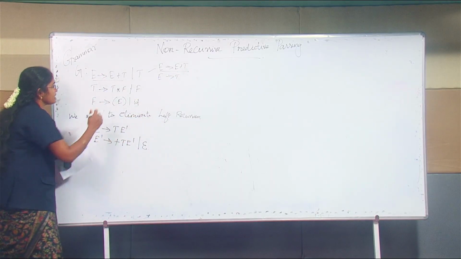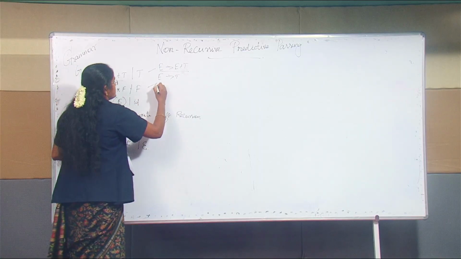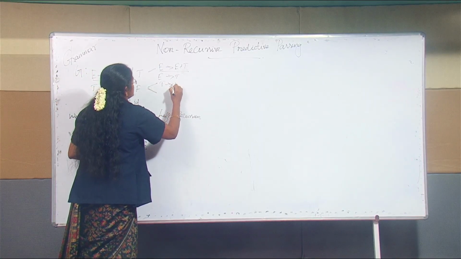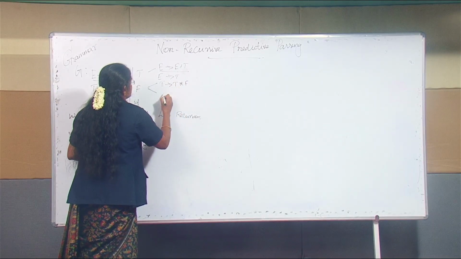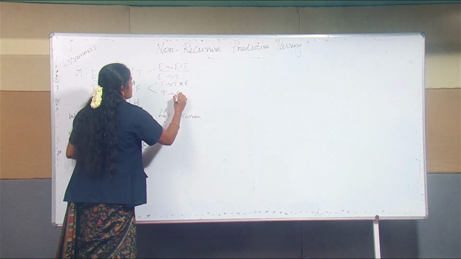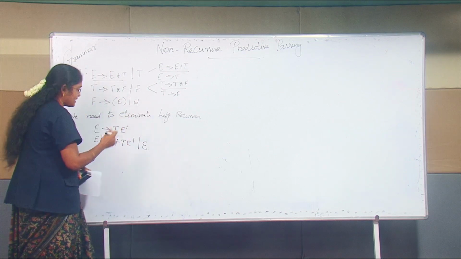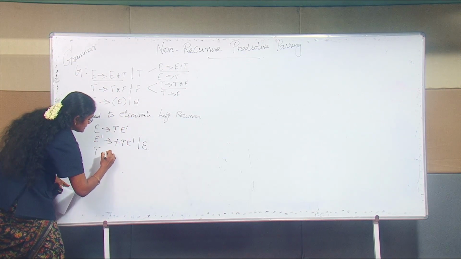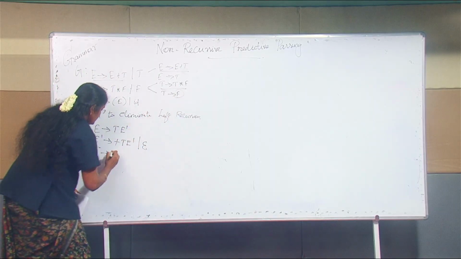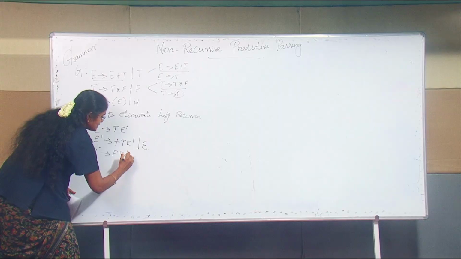Then here, T gives T star F and T gives F. This production is said to be a left recursive production. In order to eliminate that left recursion, we use the new element T dash, and T gives F T dash.